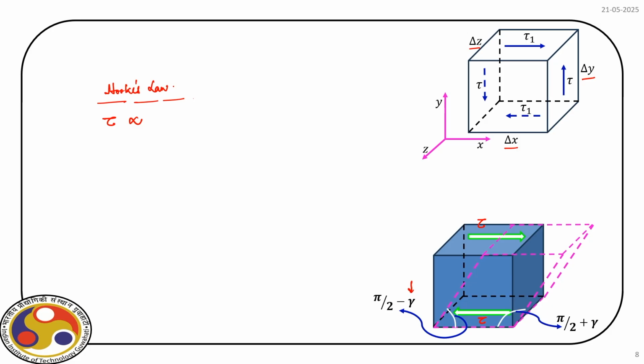So, this gamma is called the shear strain. So, the moment we define Hooke's law for shear stress and shear strain, tau is proportional to gamma. And if we remove this sign, what we get is tau is equal to G times gamma, and G is called the shear modulus.